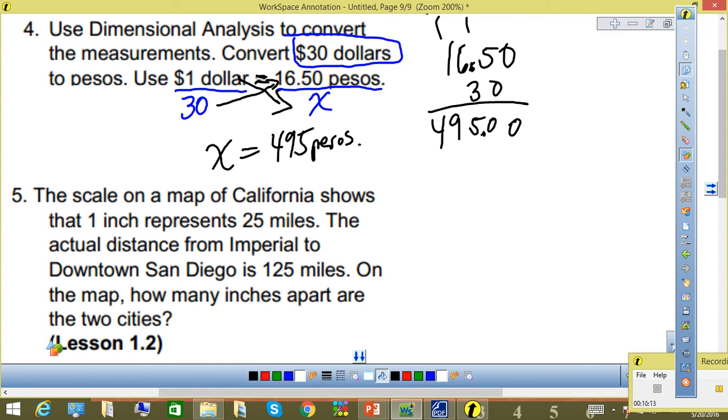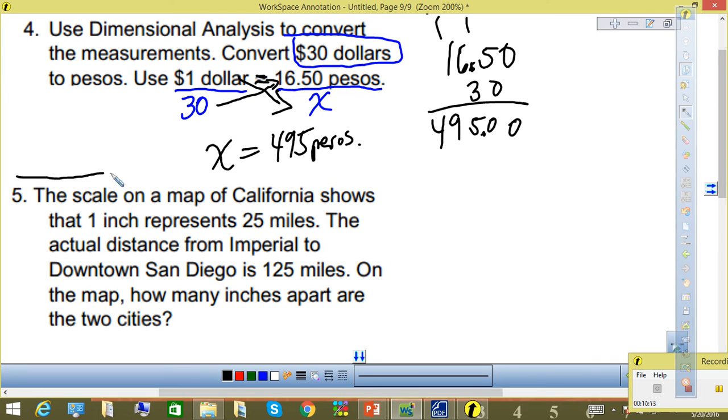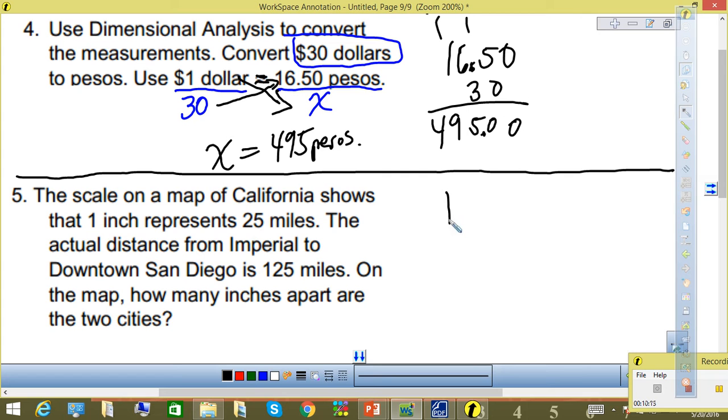Let's go to number 5. Number 5 is very similar to this one, like we said. It says, the scale on the map of California shows that 1 inch represents 25 miles. 1 inch equals 25 miles.